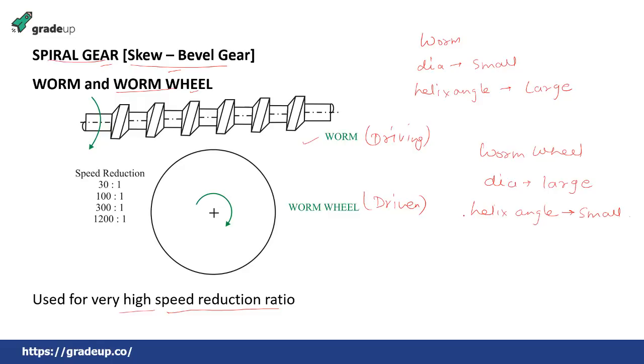So please remember this, and they are used for very high speed reduction ratio. In this case also, the input motion is a rotation, and the output motion is also a rotation. So both the motions are rotation, but this is the driving member, this is the driven member, and used for very high speed reduction ratio.